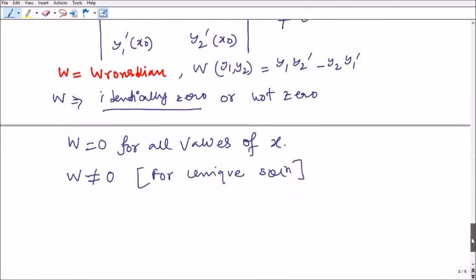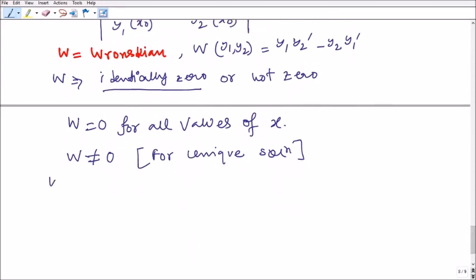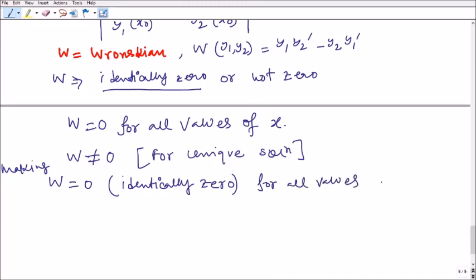Now consider making w equal to 0, that is w identically 0, which means for all values of x on the interval AB, for any values of x, making w equal to 0 strictly.